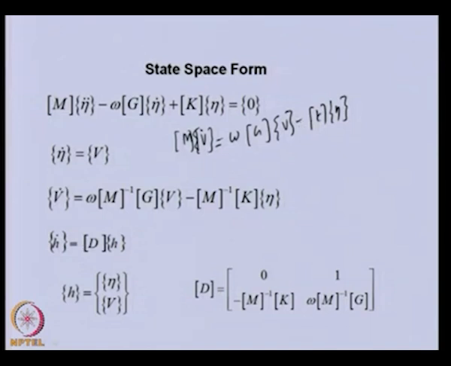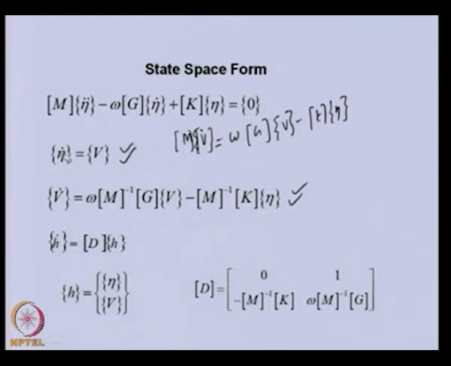So I will get this expression: omega inverse of M into G into v, minus M inverse into K and eta. Now this equation and this equation are the required equations of motion.